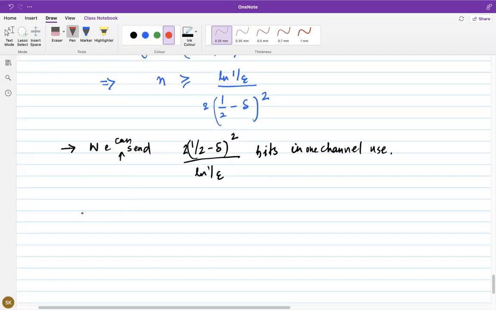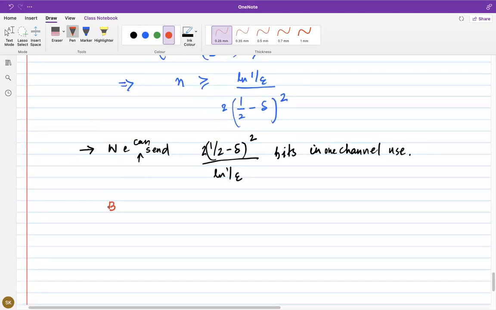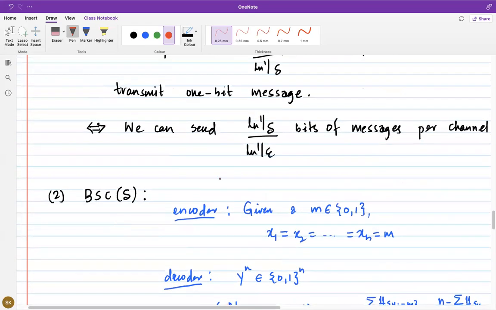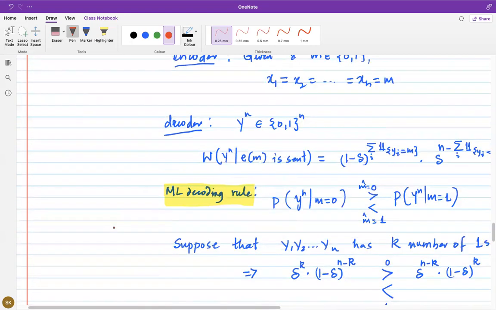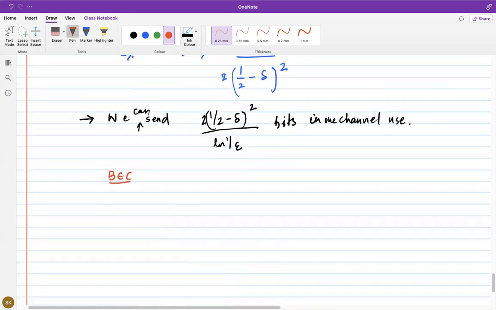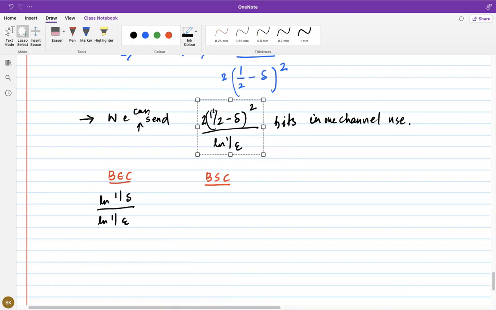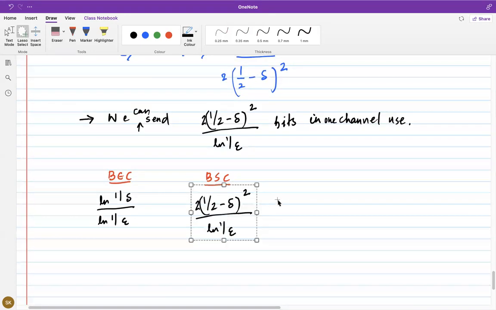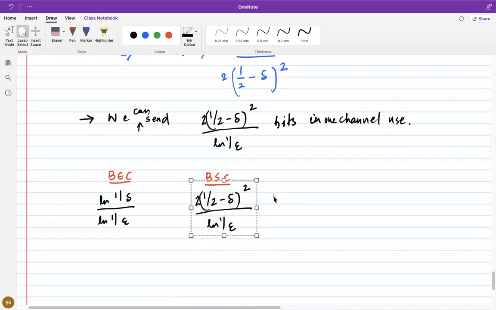So I have to make a remark here. I'll write the result that we have got out of this repetition scheme. For BEC, you can send these many bits of message per channel use, which is ln(1 by delta) by ln(1 by epsilon). Whereas for BSC, you get these many bits per channel use.